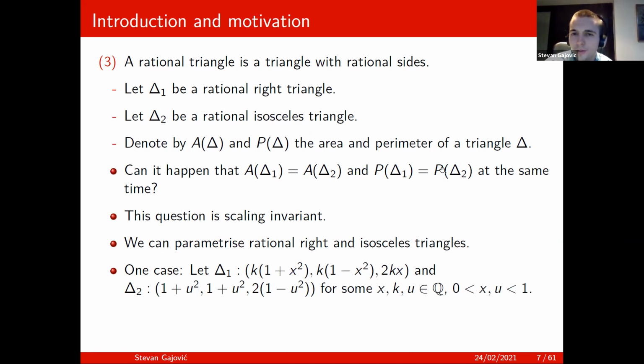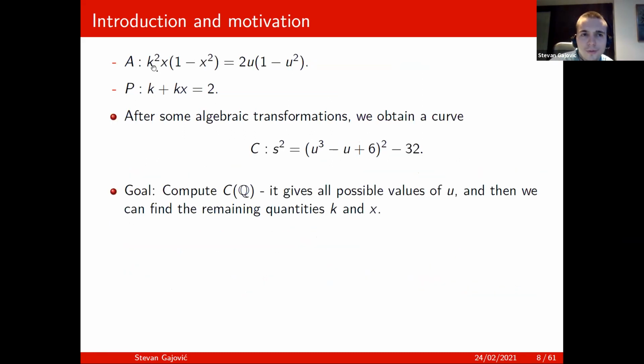I will skip the derivation, but we can see this is an area equation and this is a perimeter equation. I guess the area equation is scaled by 2. Then, for example, we can re-express x using k and replace here, and we get an equation in 2 variables that, after some algebraic transformations, leads to this curve.